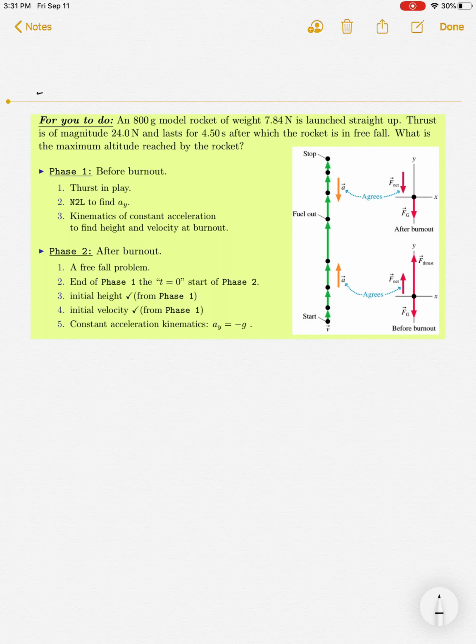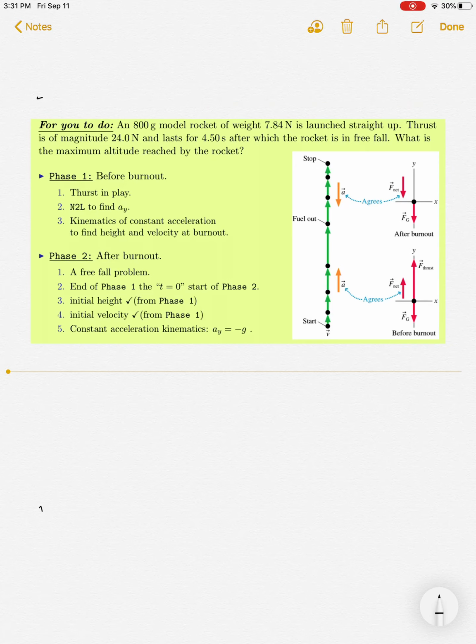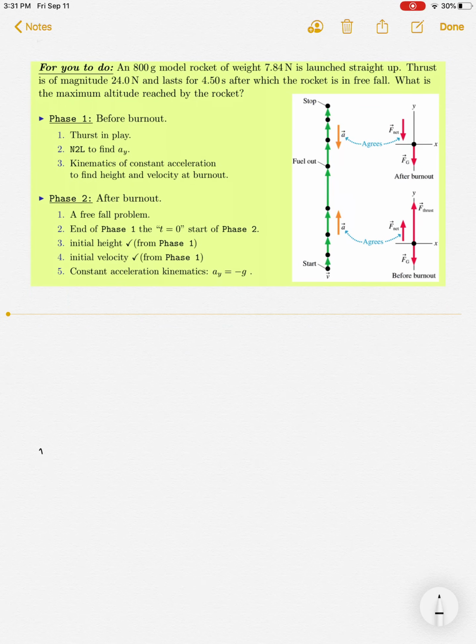So this is going to be a little bit different of a flavor, but we still have to go through the example here. So we have a model rocket with a mass of 800 grams. So whenever we say grams, we know we have to convert to kilograms, since kilograms is the proper unit of physics. And it has a weight of 7.84 newtons.